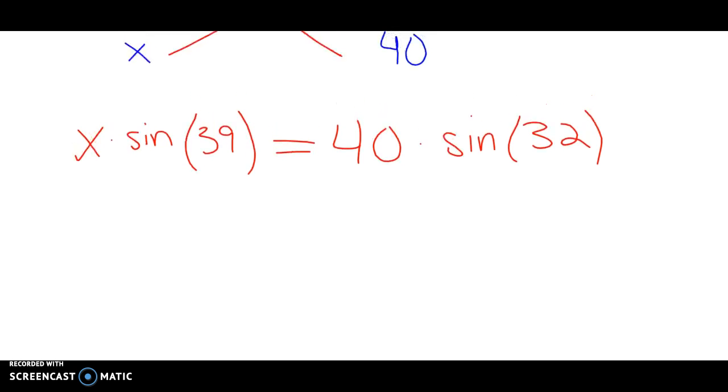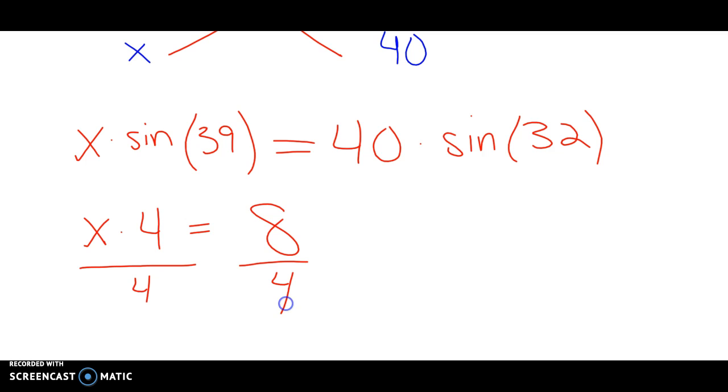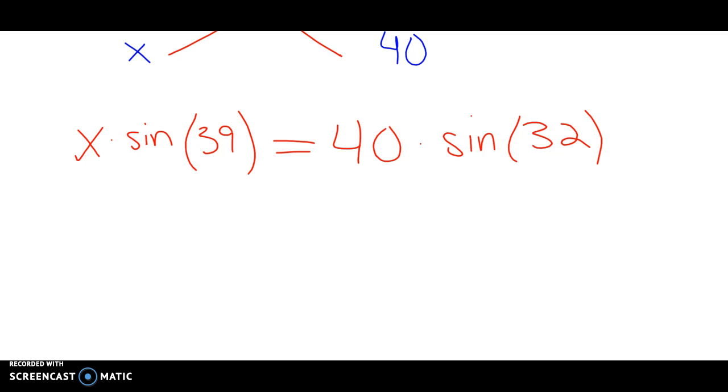So from here, let's pretend like we're back in 8th grade. If I had x times 4 equals, remember, this is just a number, right? I could throw that in my calculator and it'll spit out some decimal. So don't overthink it. What would we do if we needed to get x by itself? Yeah, we divide the 4 over. So let's just divide both sides by sine of 39.